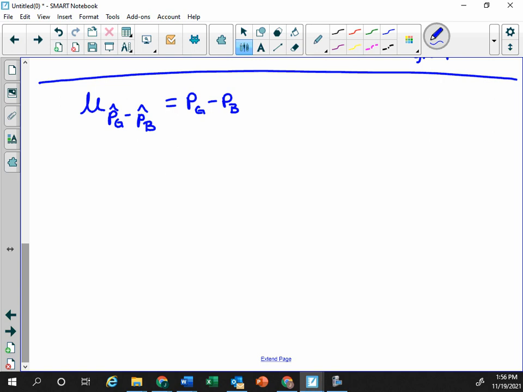We're talking about the difference in the proportions between these two groups. So what was p sub g? 0.75 minus what was p sub b? Good. So we're saying the difference between these two proportions is 10%. That's what that part is telling you, that girls dress up more than boys by 10%.